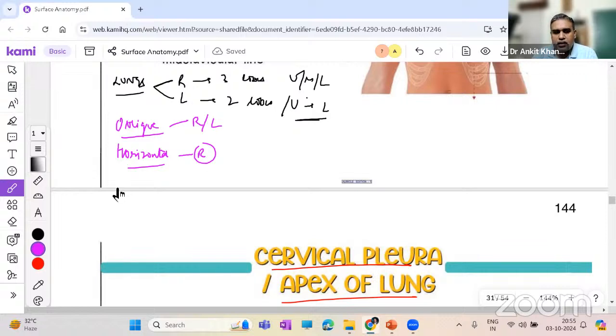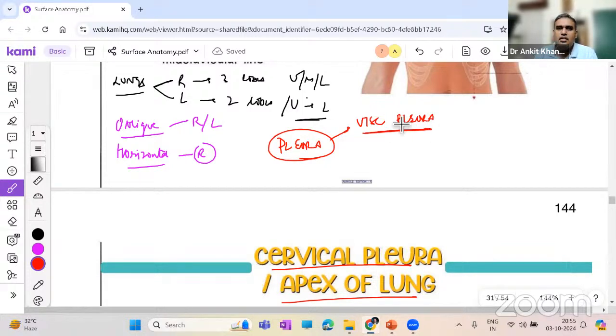Now lungs are covered on all sides by pleura. There are two types of pleura. The pleura covering the lungs is known as visceral pleura. It is glued or stuck to the lungs. So wherever the lung surface marking goes, the visceral pleura marking goes along with it. Viscera means an organ.